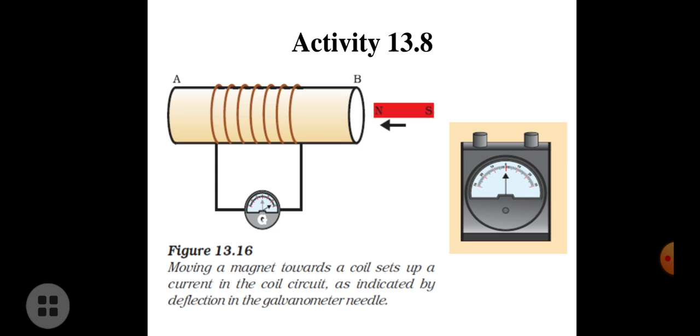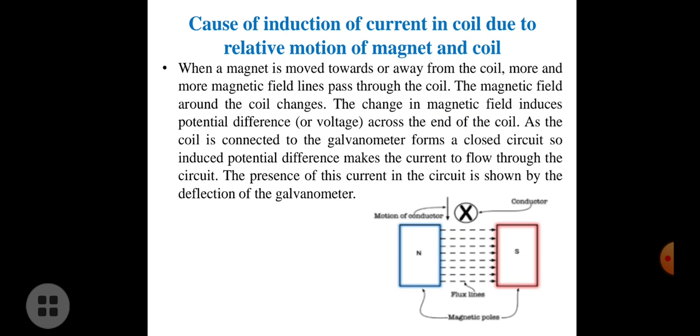No. If we are moving both in the same direction with the same speed, we can say that there is no relative motion, there is no change in distance between the coil and magnet, so no current is induced in the circuit. So these were the observations of this activity. Now what is the reason, what is the cause behind the production of current, the induction of current?